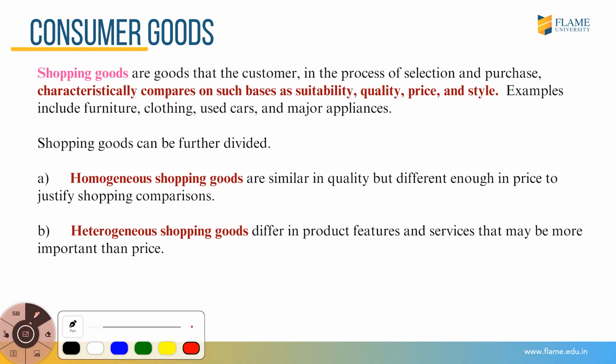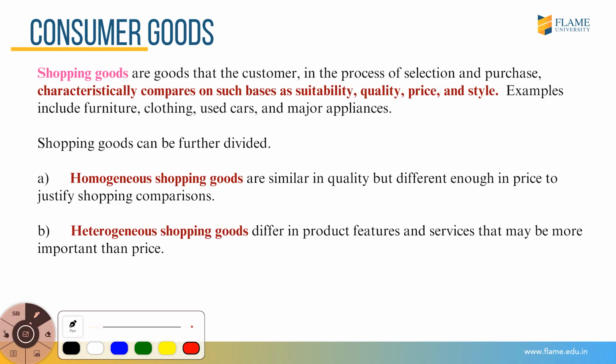You wait for some time, you see its attributes, you see its features, you compare them, and you take a decision on whether or not you want to buy it based on suitability to your needs, the quality, its price, and the lifestyle attributes that the product can give. Examples are furniture, clothes, used cars, major appliances, and other things.